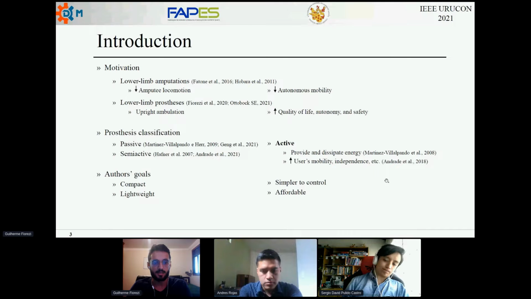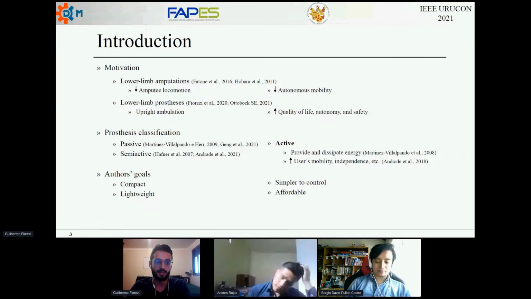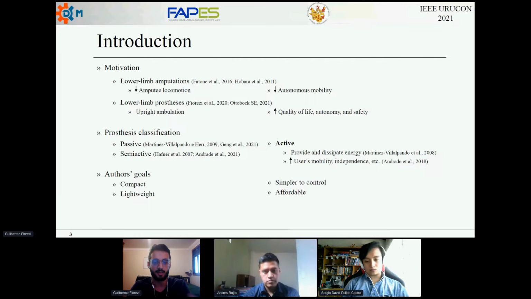Those prostheses can be classified into three types: the passive ones, semi-active, and active ones. The passive ones only aid the user to support himself and inefficiently dissipate energy. When you move, you have to produce energy, and also dissipate it in order to make a stable movement.